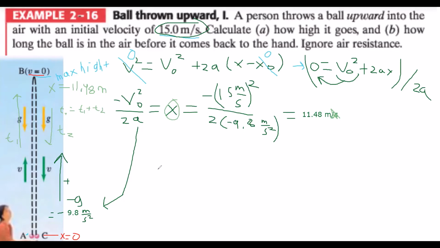So I'm going to use the v equals v naught plus a t equation because I think it'll be faster. This v is equal to 0. I'm going to move the a over here because it's going to be negative.